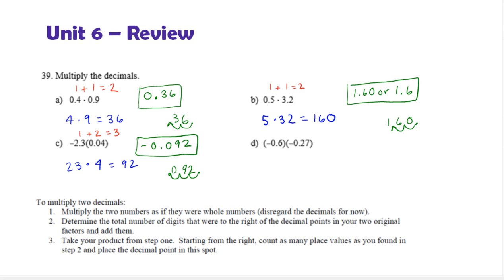And looking at the last one, multiply 6 times 27. Well, that is 120 plus 42, so 162. Okay. Let's count the number of digits. Here we have 1 digit to the right, and here we have 2. So we're going to need to move the decimal place 3 places.